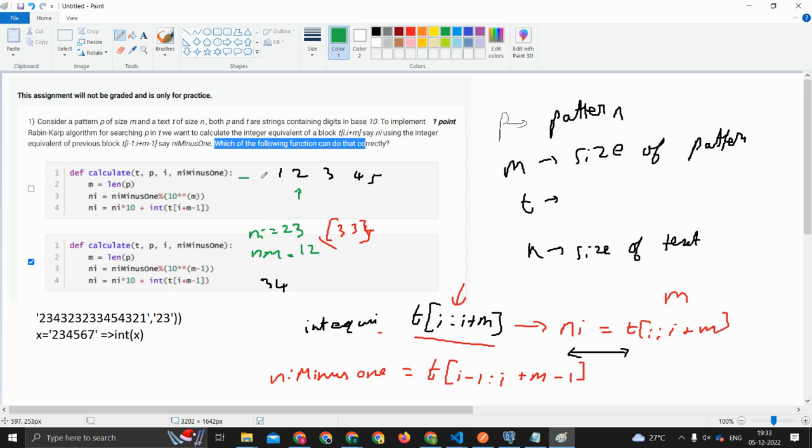So let's take this example here: 1 2 3 4 5, and we are trying to find 34. How do we find out? m equal to length of the pattern, which is equal to 2. If index is at this point, index is 1, and n minus 1 is going to be 12.